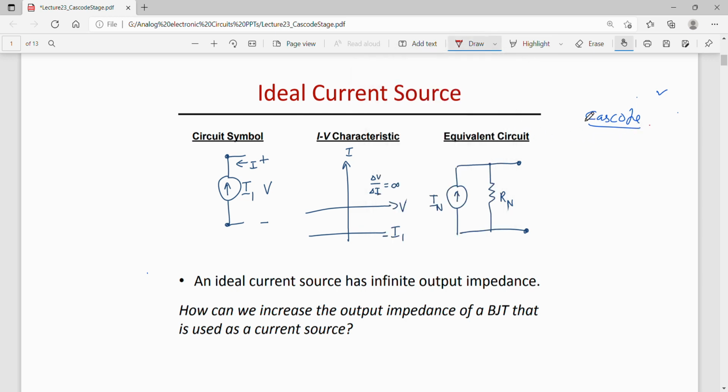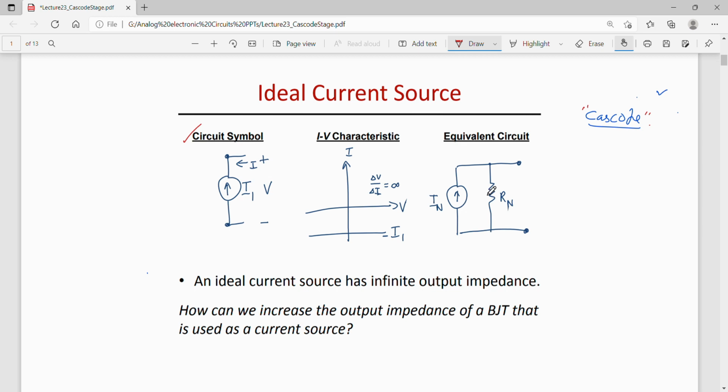So before starting the cascode configuration, let us also talk about this ideal current source. Let us say the circuit symbol of a current source can be represented by this circuit symbol, and an equivalent circuit of this current source would be the current in parallel with this resistance.